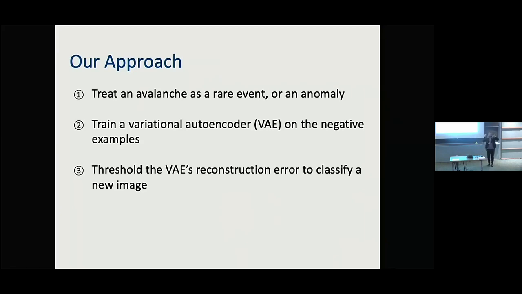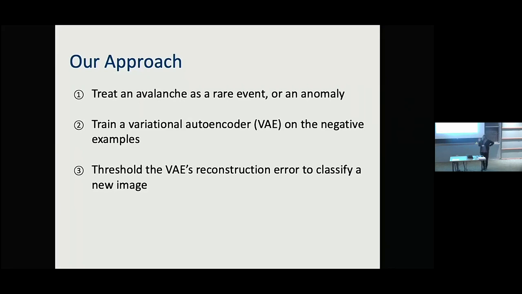So just for the purpose of building intuition, if you've trained on the negative examples, then when an unlabeled example comes in, you want to see how well the trained model can reconstruct it. And if it does poorly, then maybe this is an anomaly, maybe this is an avalanche.